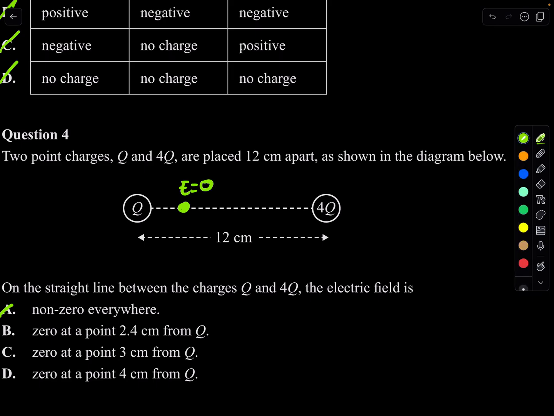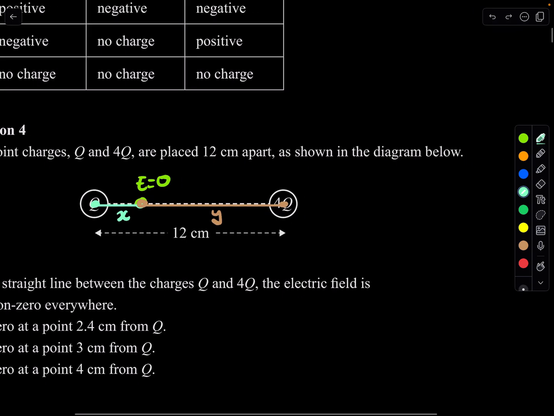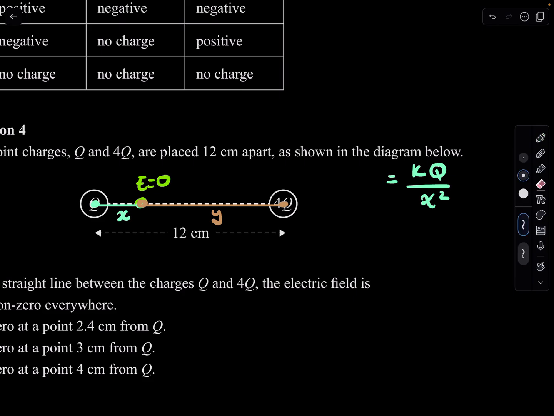If I say that the distance from Q to this point is X, and that's what we want to calculate, this is our X, that's the distance from Q. And we'll consider this distance from here to here as Y. So let's consider this case, the X. We know the electrical field is KQ over R squared, which in our case, our charge is Q and our radius is X squared. And we know that the electrical field is 0 in this part over here, as we said.